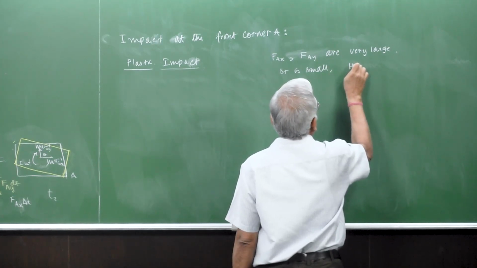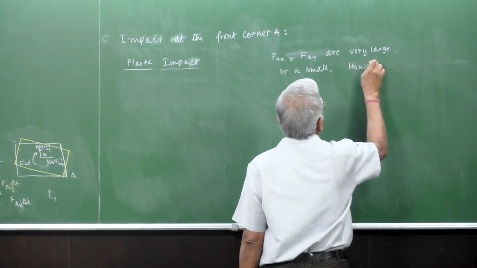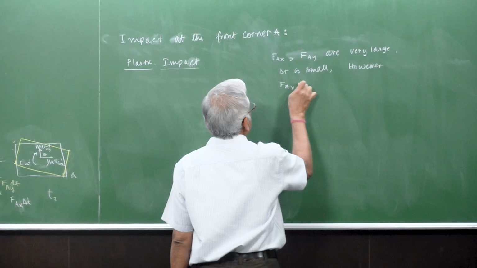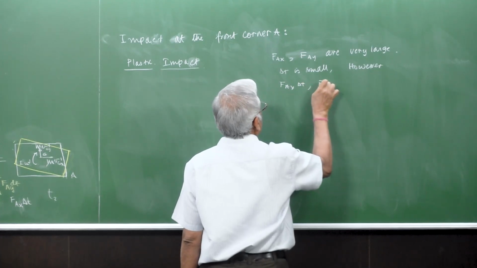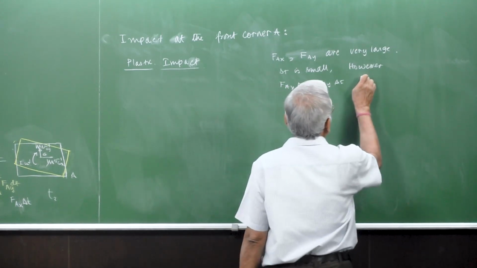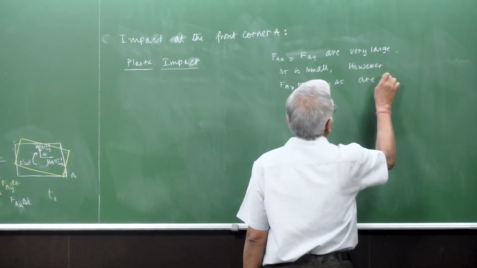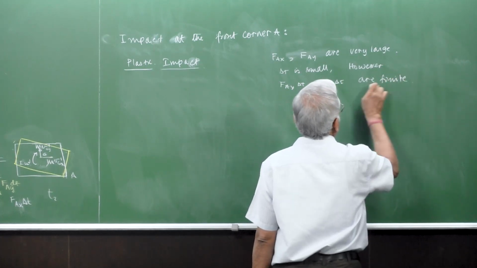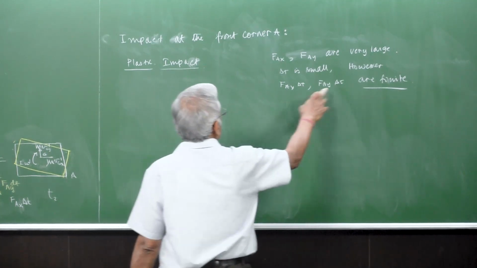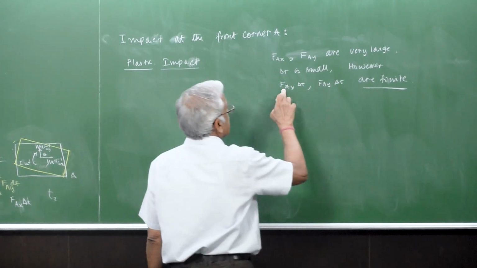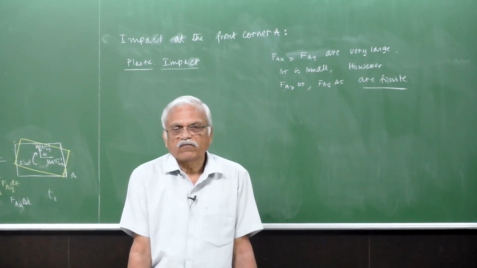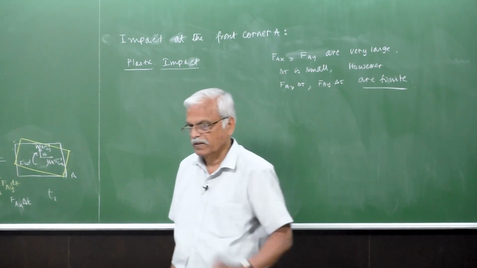However, Fax delta t and Fay delta t are finite. That's important. They are neither small, since delta t is small, so this is not small, neither is it very large. So together it is something finite only.